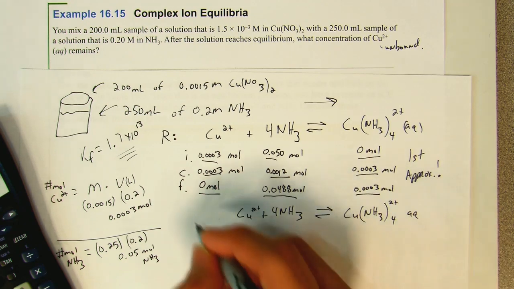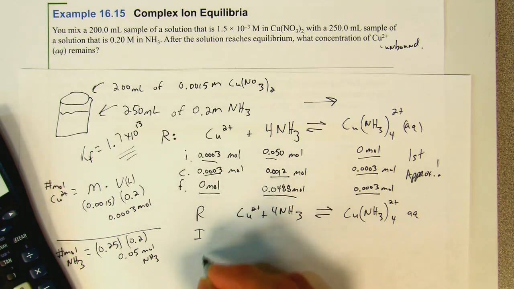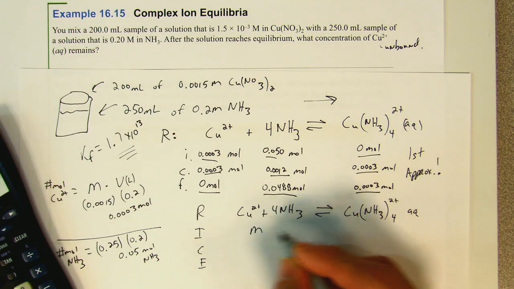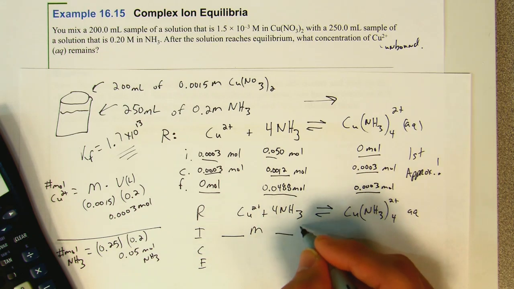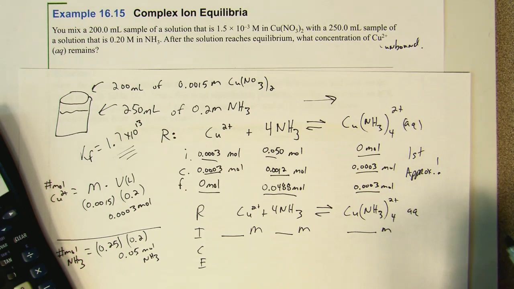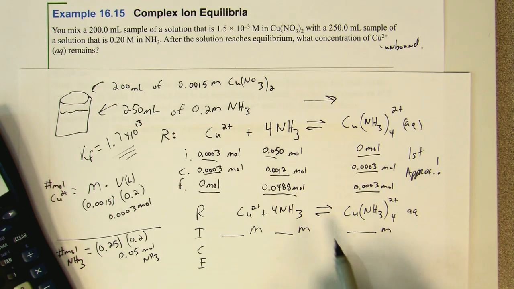So we write the reaction again. And this time, I'm going to treat it from an equilibrium perspective through a Rice table. This time, I'm going to enter in all my values in molarity units and not moles. So we have to make sense of this then. We got to convert these moles into molarities.